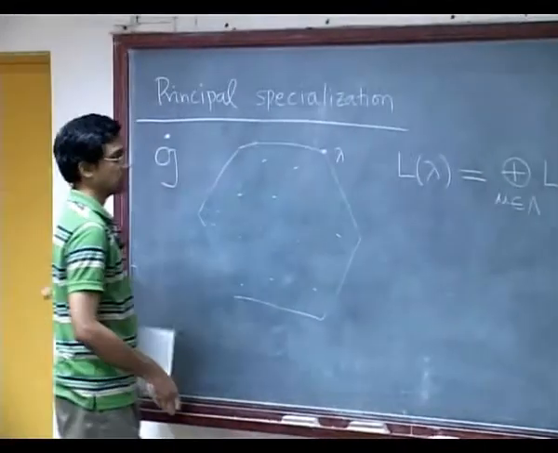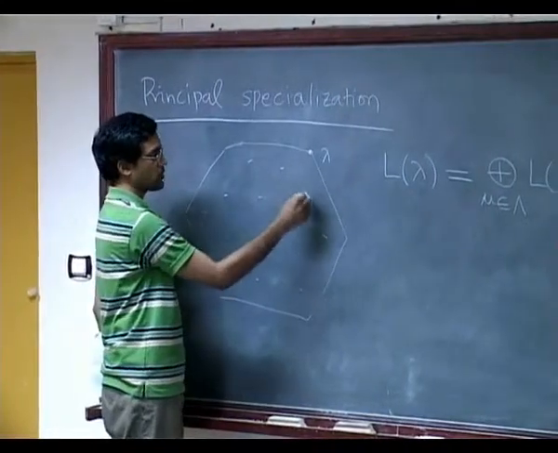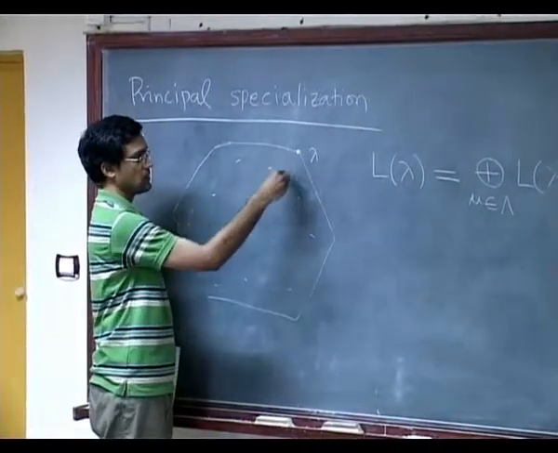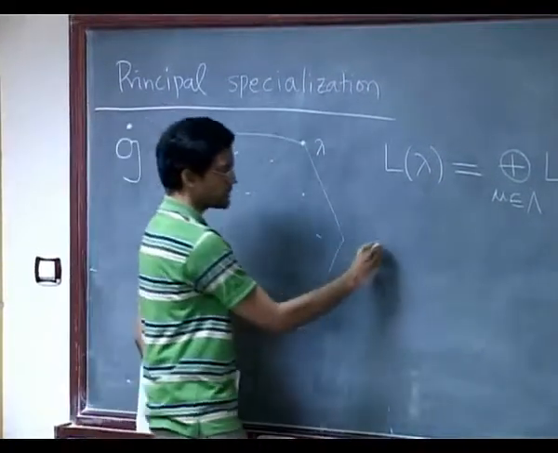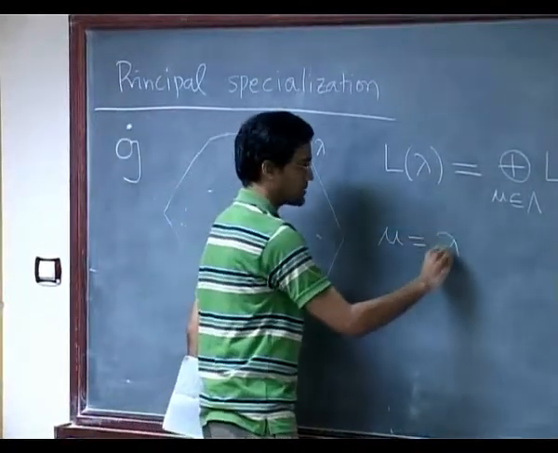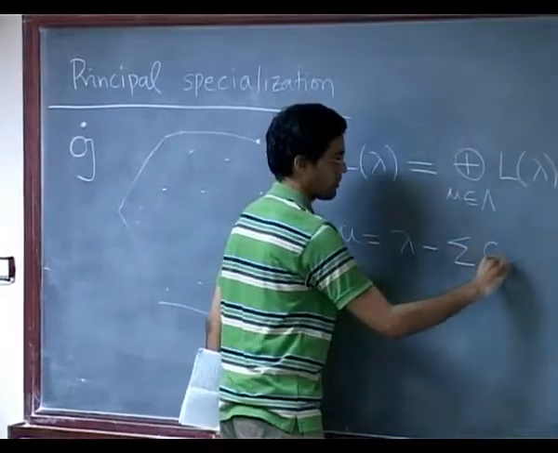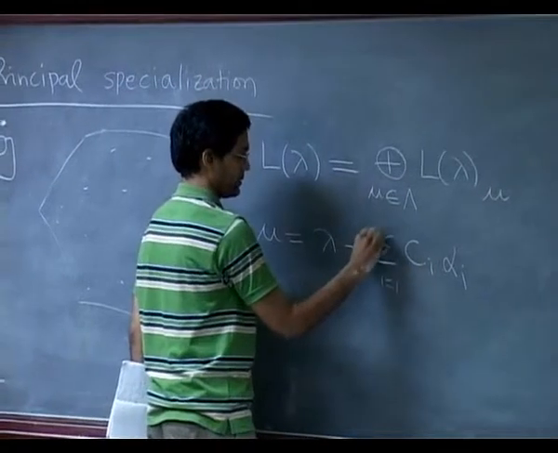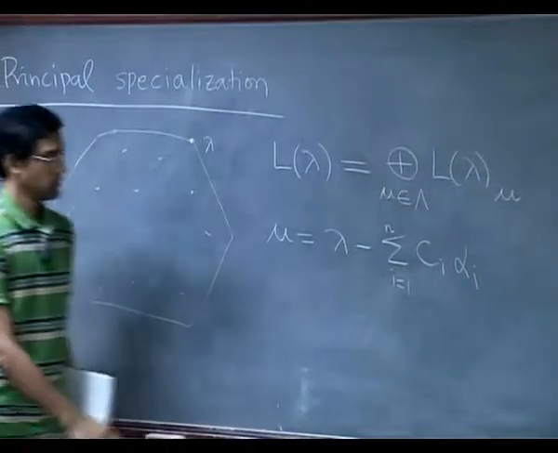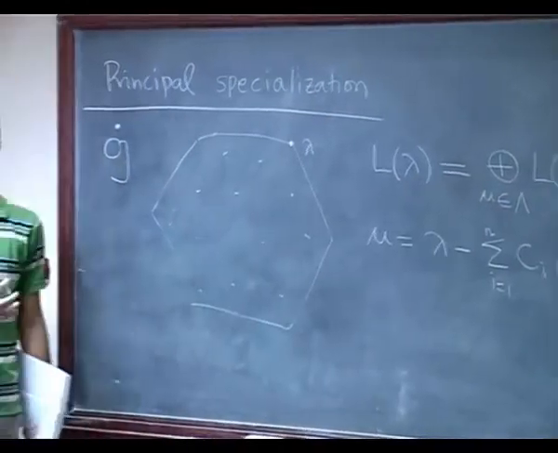So, here is somewhat finer information, since you know after all that all weights are smaller than lambda. Each weight is of the form lambda minus a linear combination of the simple roots. Let us say there are n roots. So every mu has this form, right.